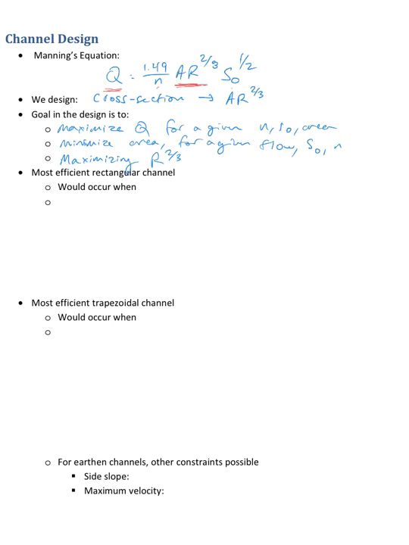But at the same time, we want our cross-sectional area to be as small as possible, to make it as cheap as possible. So the consequence of that is we need R to the 2/3 to be really big.